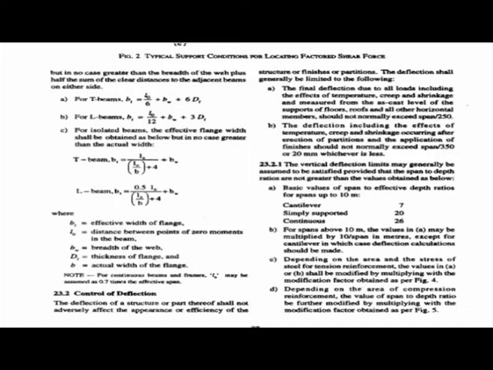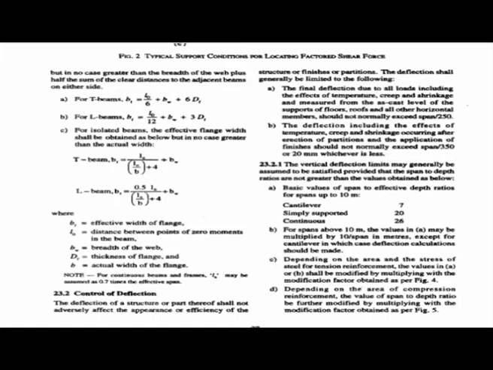So span by depth equal to 20 into 10 by 15. Then it becomes 200 by 15, which comes as 13.33. So for a 15 meter span, depth will be equal to 15 meter, that means 15,000 millimeter, by 13.33.